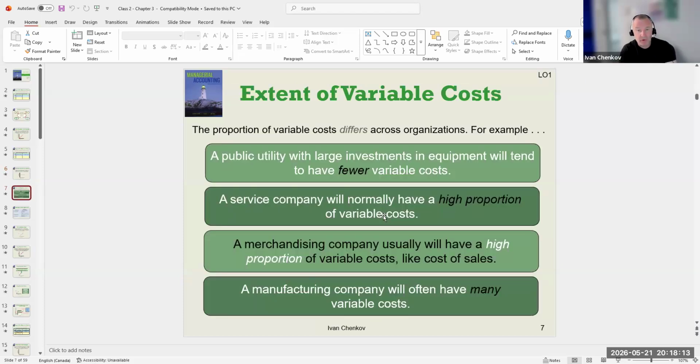So how does variable cost look within different organizations? Well, if we're a company like a public utility with a large investment, then we're going to have few variable costs. What are the big corporations doing now to reduce the variable cost related to direct labor?